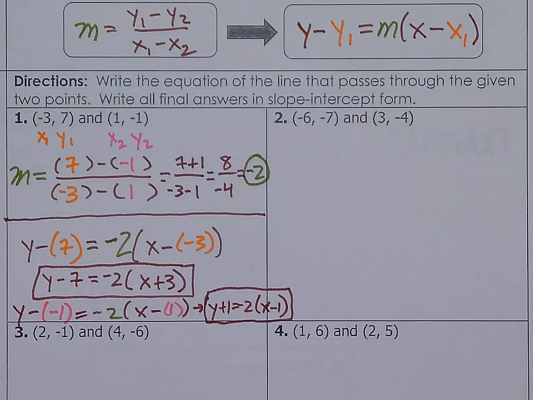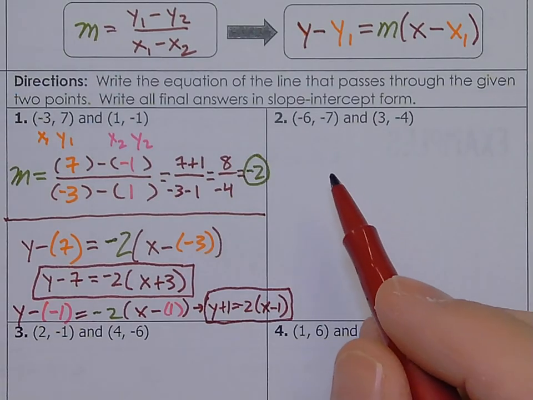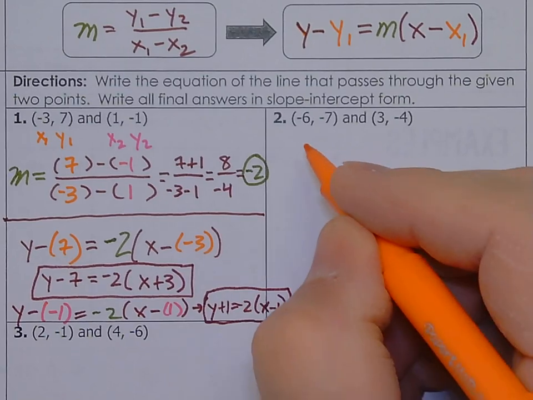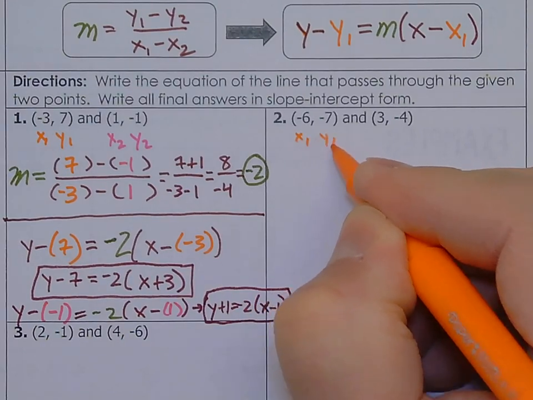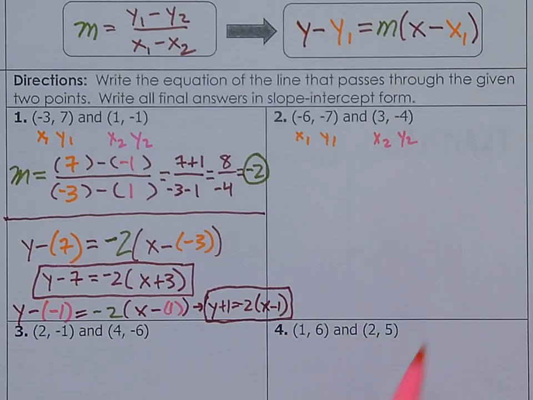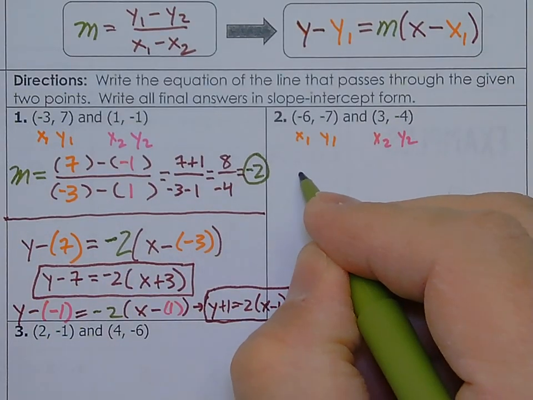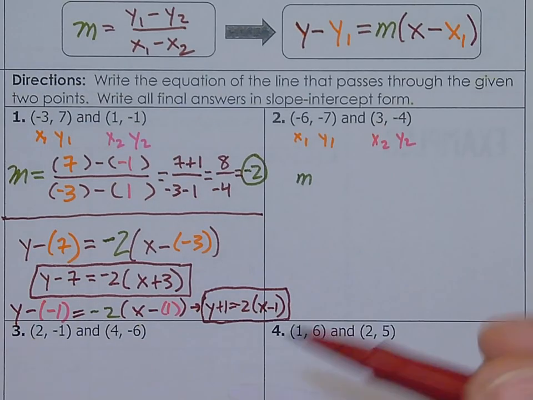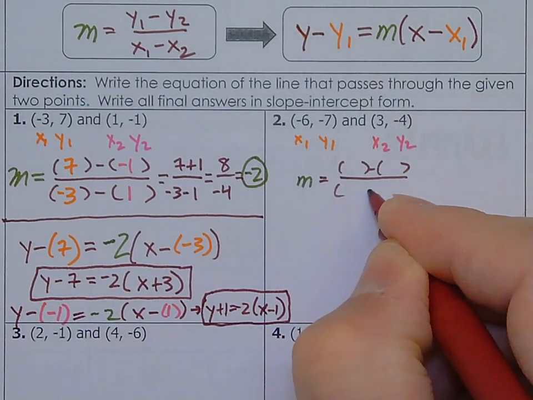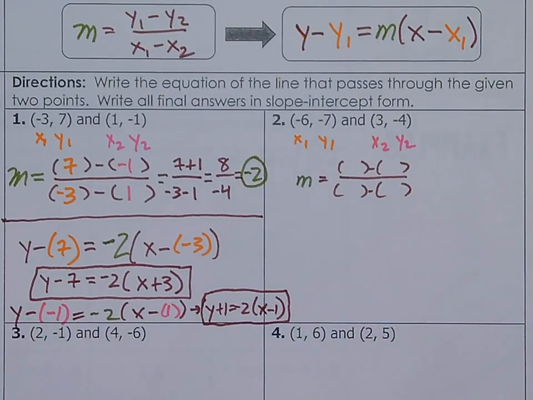Okay, so now we're going to go through the same process with this example. My points are negative 6, negative 7, my x1, y1, and 3, negative 4, my x2, y2. So I'm going to find slope as I did over on this side using my slope formula, m equals, and then I'm going to drop in my pieces once I set up my structure.